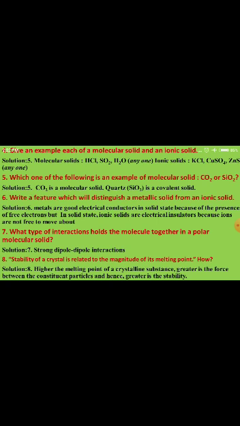Write a feature which will distinguish a metallic solid from an ionic solid. So here, on the basis of conductivity, you will differentiate metallic solid from ionic solid. Metals are good conductors in the solid state, liquid state and gas state because of the presence of free electrons, and you can also write mobile electrons.